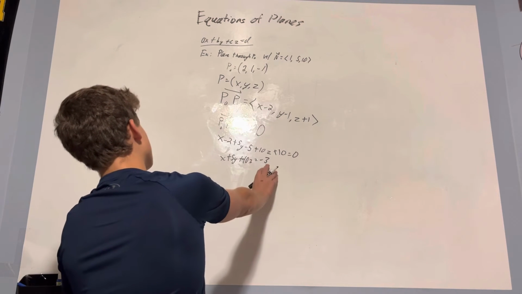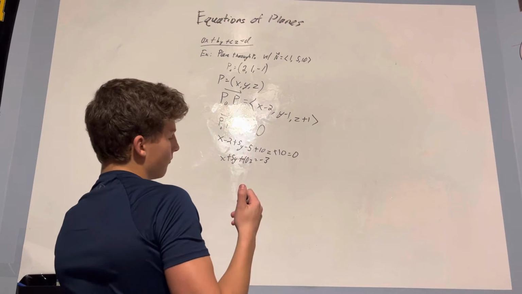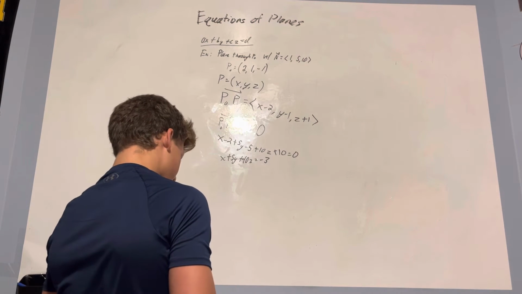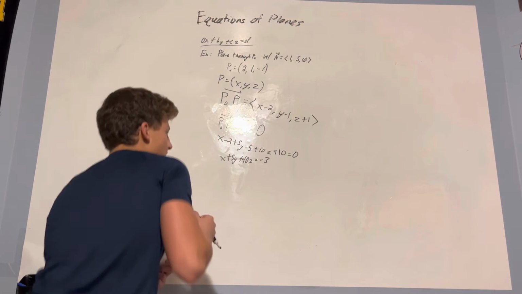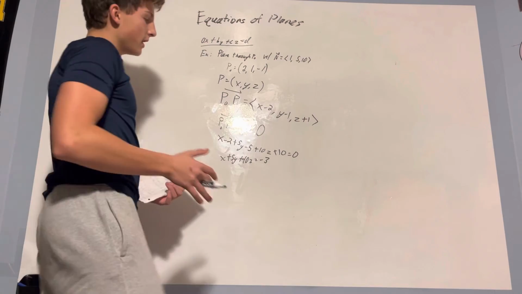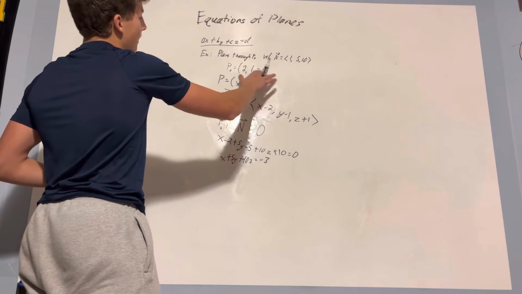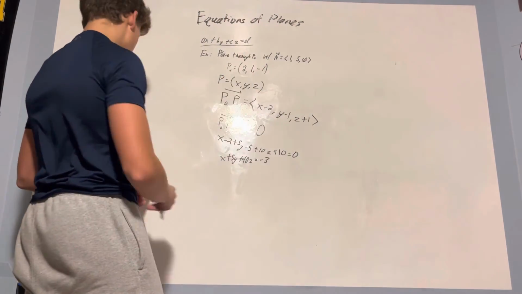And then this constant will just depend on what point you're defining that plane to go through. It was originally 0 because we defined it to go through the origin, which was the simplest case, but here it ends up being negative 3 because we define it to go through a point that is not at the origin. That's not with the coordinates 0, 0, 0. Okay.